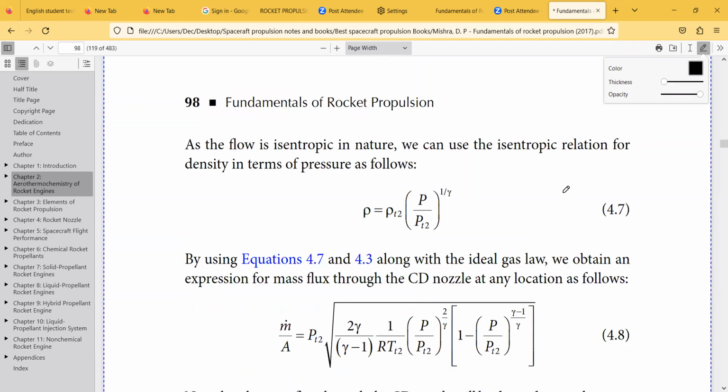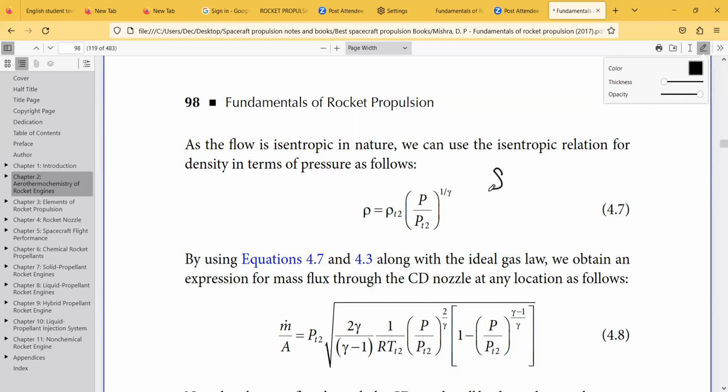So from that, we have rho over rho at inlet, let me call it zone T2, which is equal to P over P at inlet to the power of 1 over gamma. So the relation between density and pressure is like that.